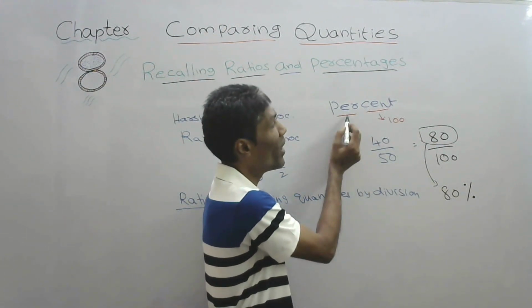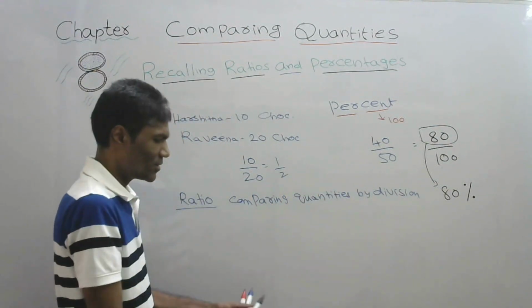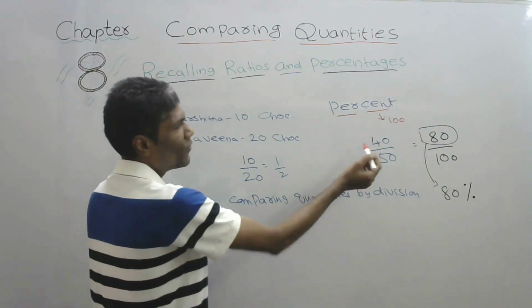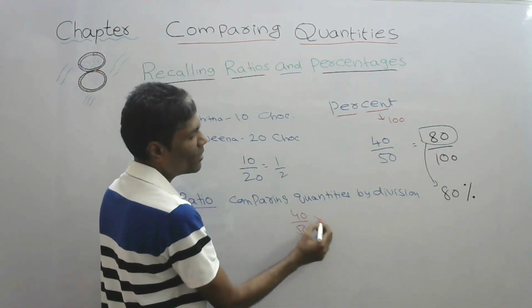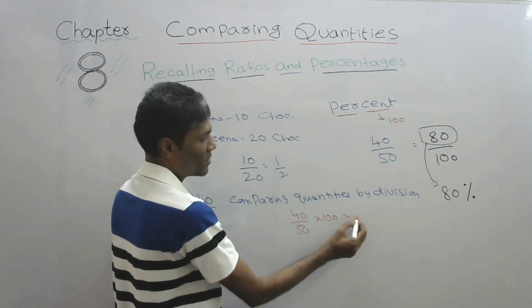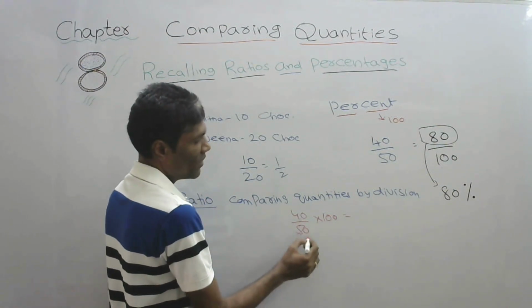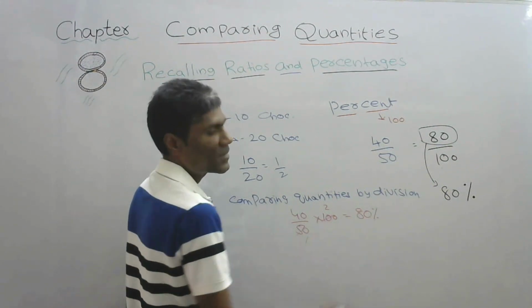Percent means per 100. Now how to calculate? Simple. If I have 40 by 50, just multiply by 100. We will get the percentage. 5 ones are 5, 5 twos are 10, 4 twos are 8, so 80%.